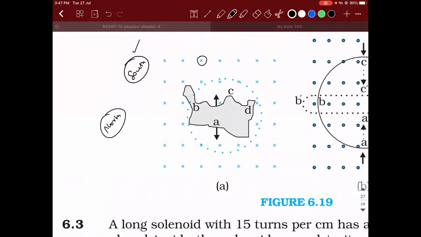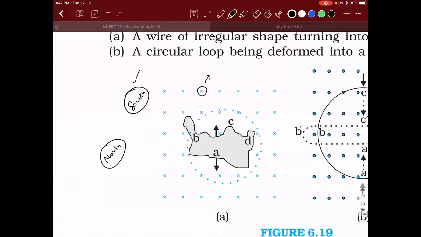Whenever you have these kind of diagrams, it is understood that the magnetic field is uniform, because the lines are equally spaced. Magnetic field is uniform. Then what is happening to the area? It's increasing, sir. So area is increasing, flux also increases. So what pole will get generated?